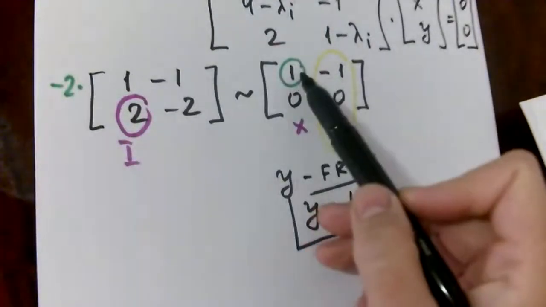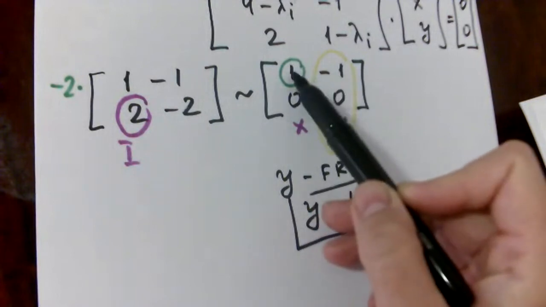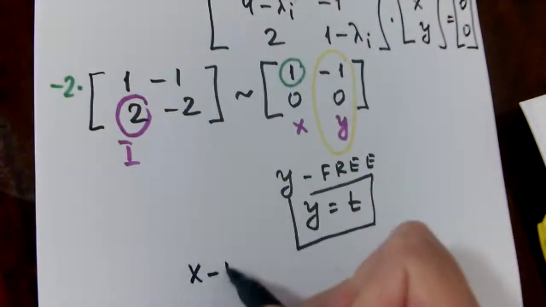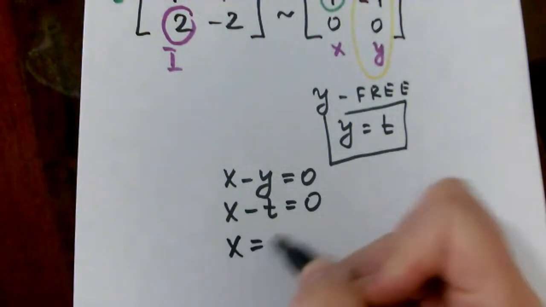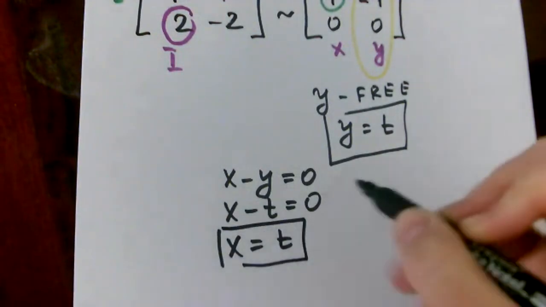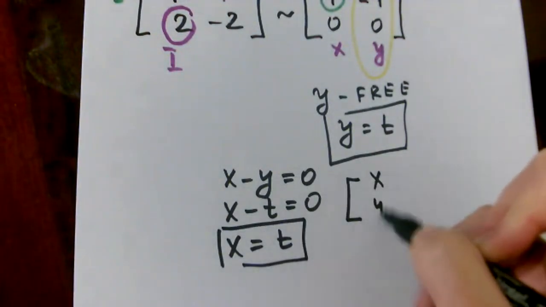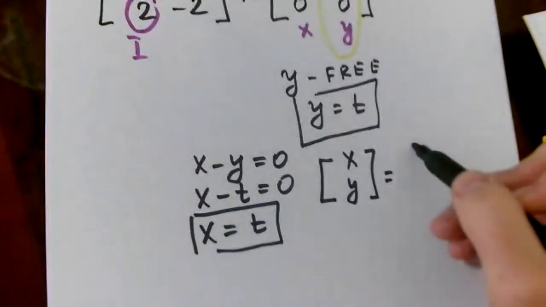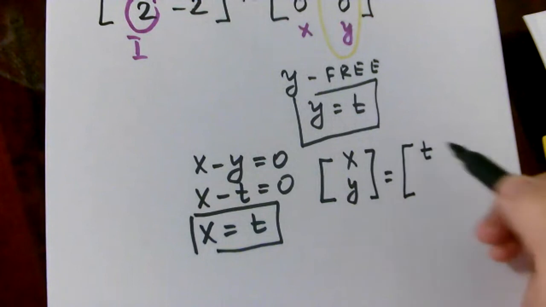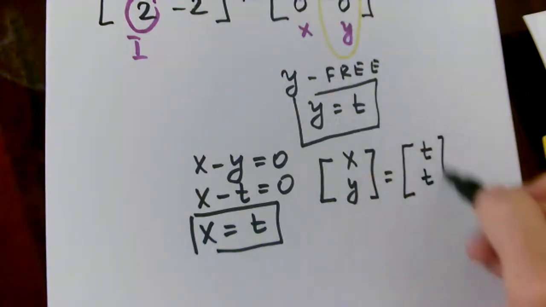Immediately after that, we can get back to our system, which is actually one equation only this time. So 1 minus 1 corresponds to x minus y. x minus y is equal to 0. Now we have t instead of y, x minus t, and now we can solve for x. x is equal to t. The solution will look like a column of two components, x, y, because it's a two-dimensional task. x is equal to t, y is equal to t again.